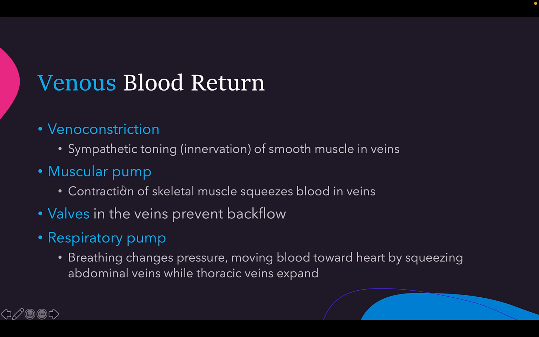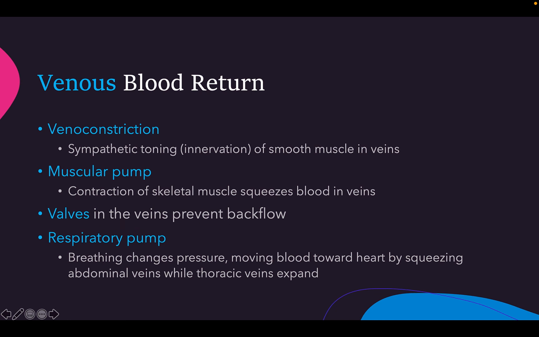Muscular pump, just think of this as every time that you move your body or you're flexing your muscles in any way, they're squeezing on the little veins in there, helping move the blood through those veins. Well, you might be asking, why is the blood only moving toward the heart and not, if I'm squeezing my muscles, both ways? There are these valves in the veins that help prevent backflow.